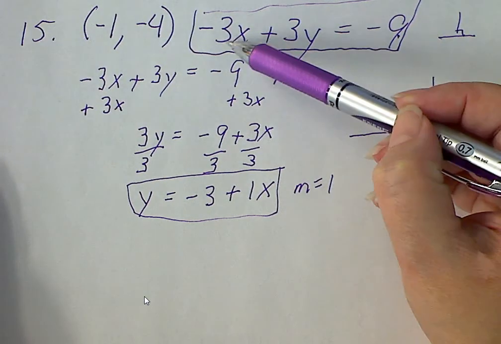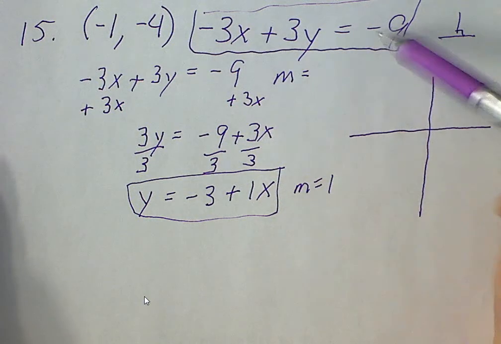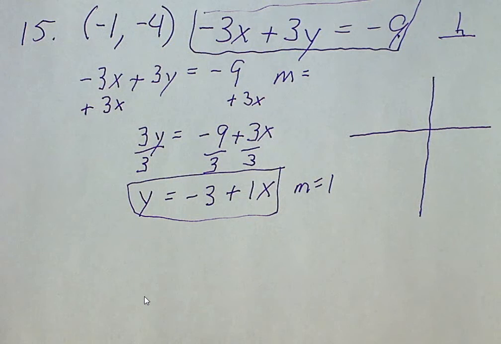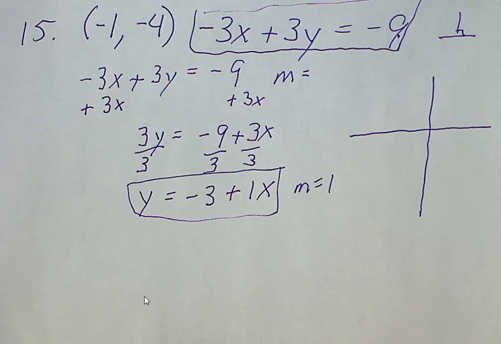If I had negative 3x plus 3y equals negative 9, how can I quickly graph that? What do we do to be able to graph this line? Anybody know what we have to do to graph negative 3x plus 3y equal to negative 9?